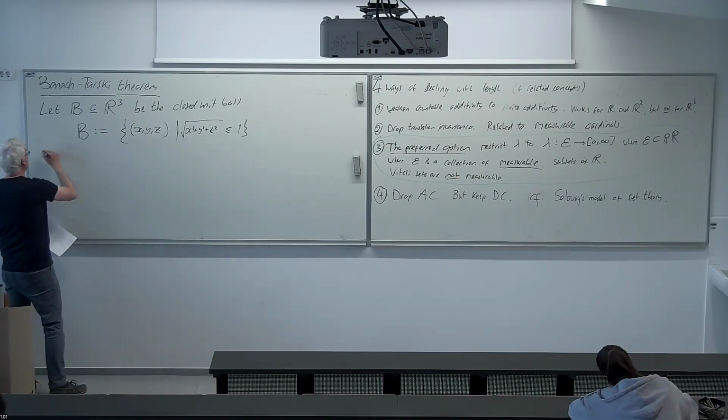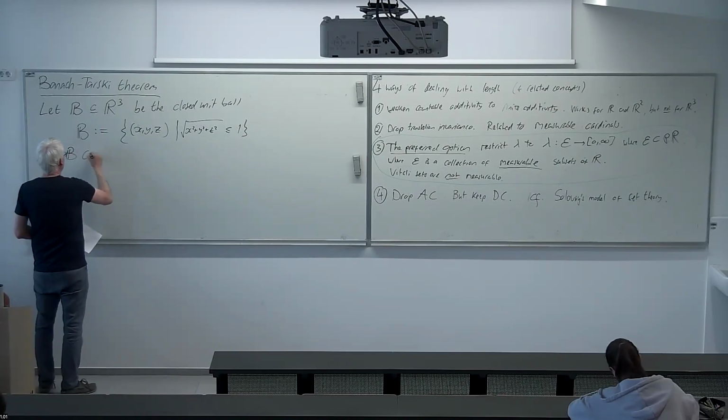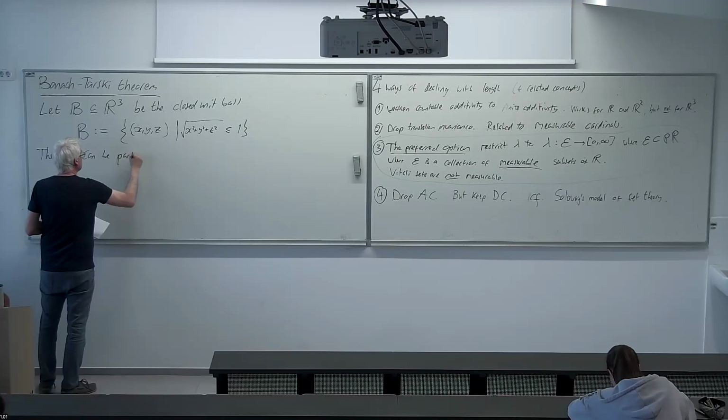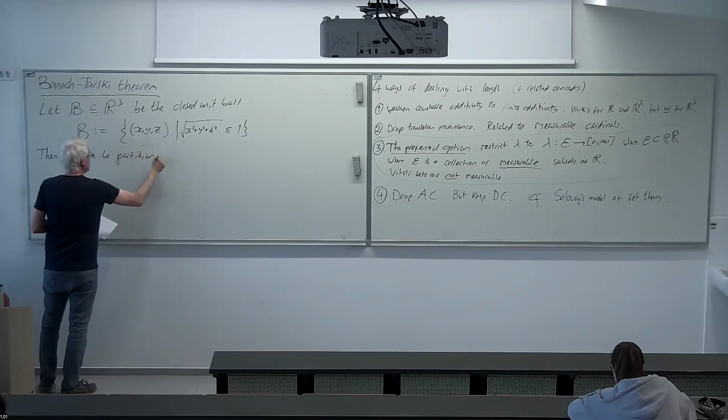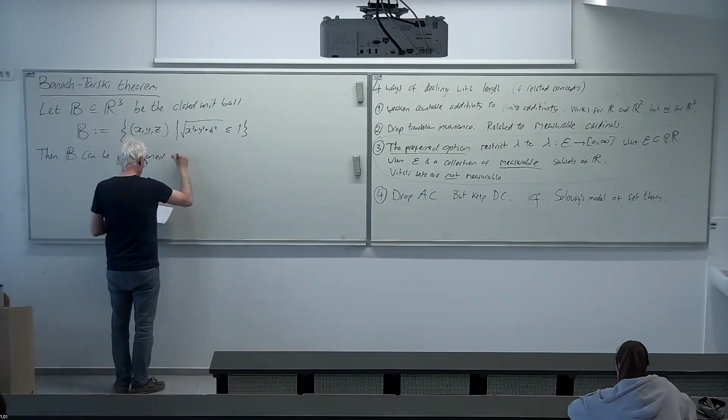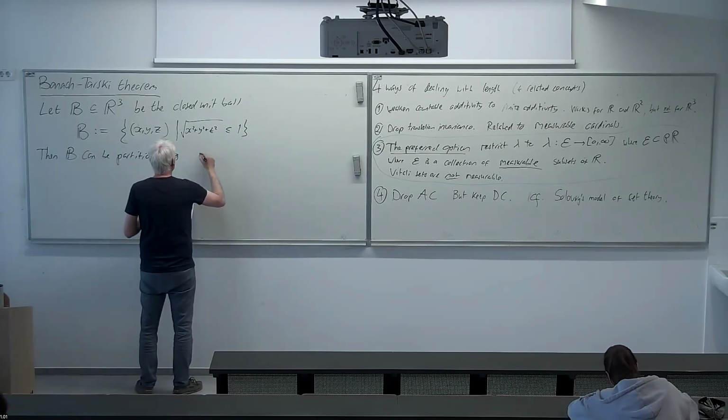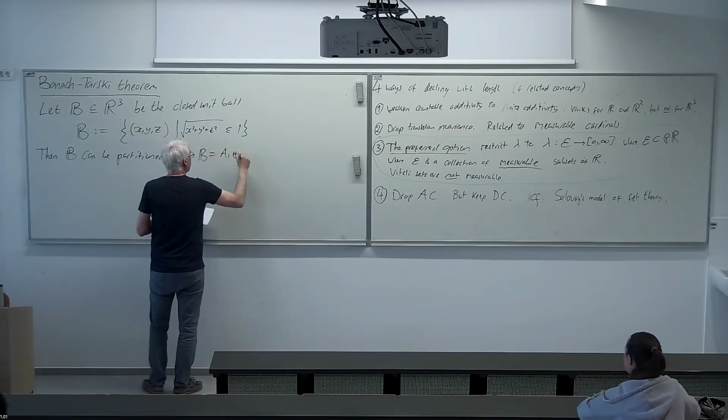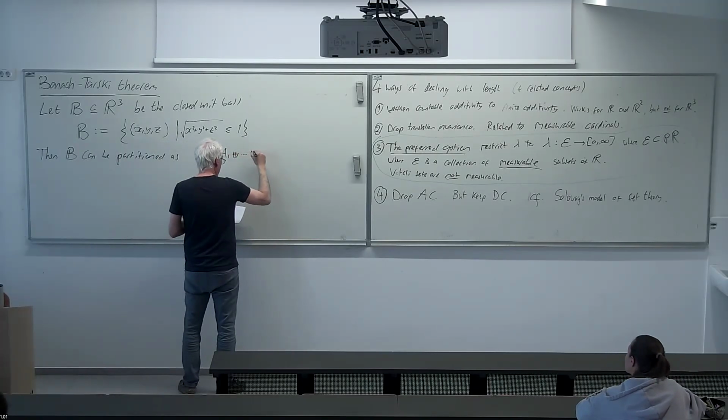Then the theorem says that B can be partitioned into finitely many pieces. We're going to divide the pieces into 2 groups, the A pieces.